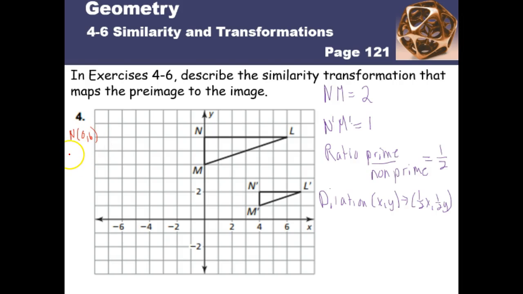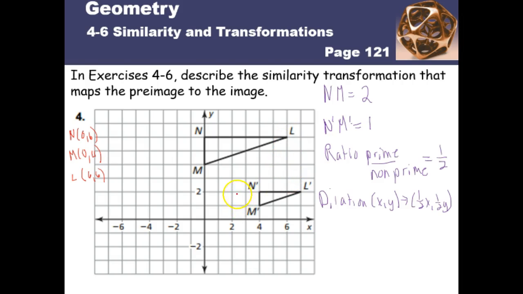And M is the point 0, 1, 2, 3, 4. And L is the point 6, 6. So 6 and 1, 2, 3, 4, 5, 6.